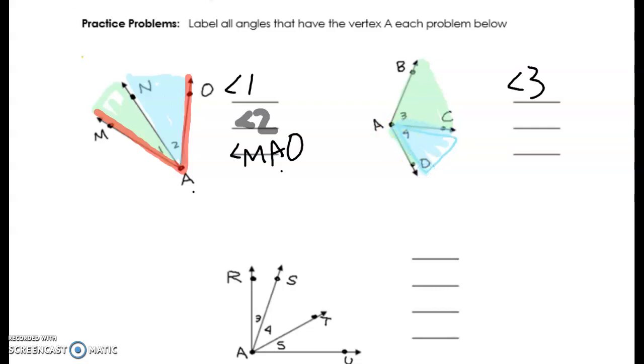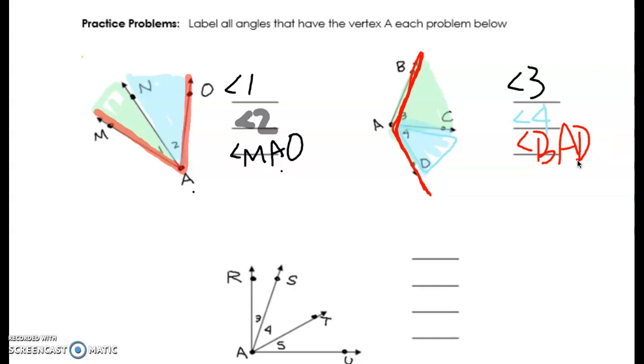And if you see a number, guys, that's the easiest way to do it. And then last but not least, if I'm talking about this entire angle right here, you just label it the way you see it. BAD. Angle BAD. Goes along with my bad writing.